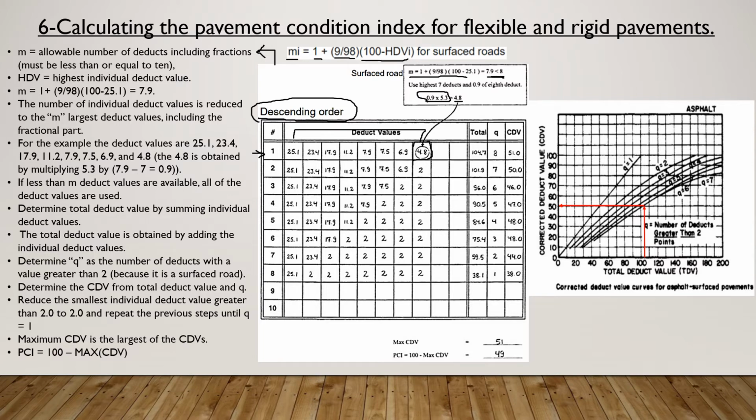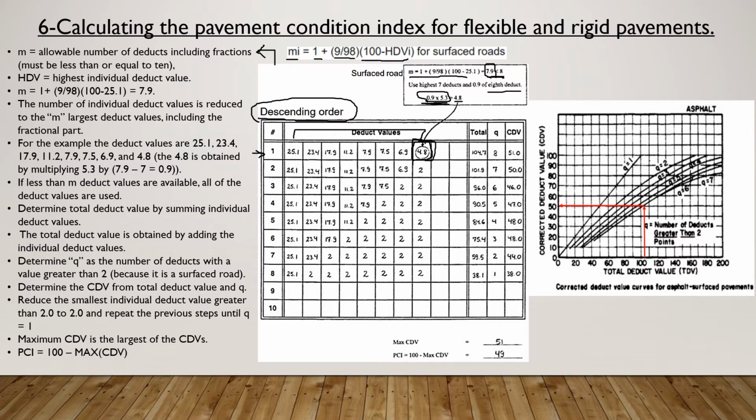Since m is less than the number of deducts, the deduct number 8 will be multiplied by the remainder of 7.9, which means that 5.3 multiplied by 0.9, the remainder, will give us 4.8, this value here.